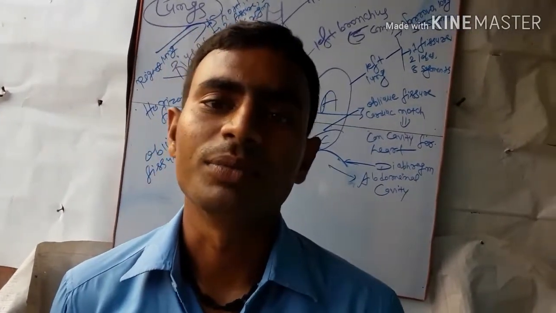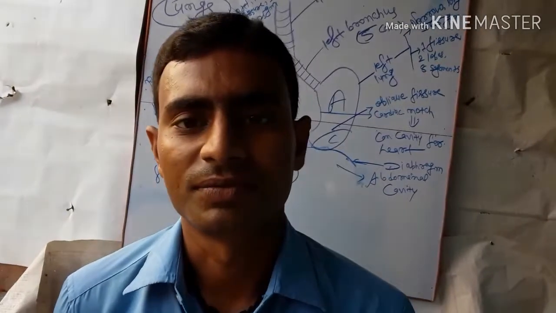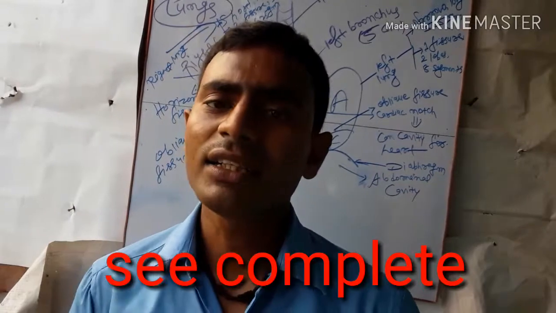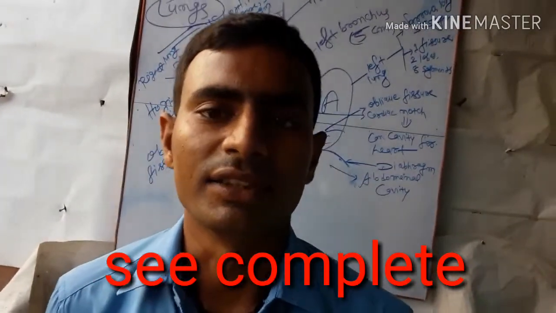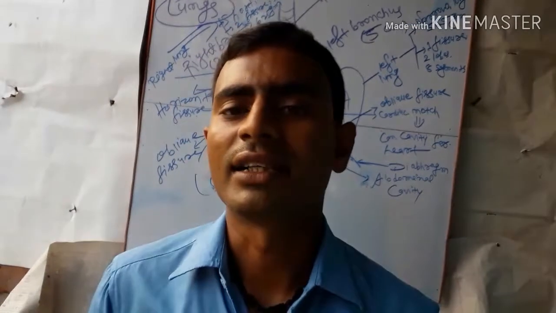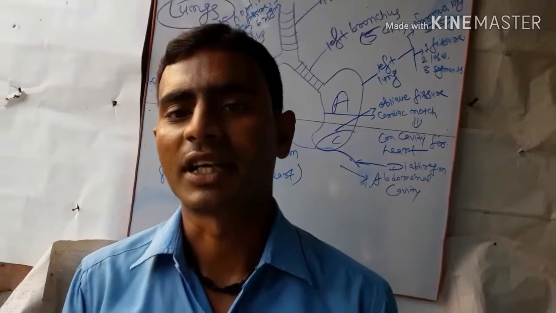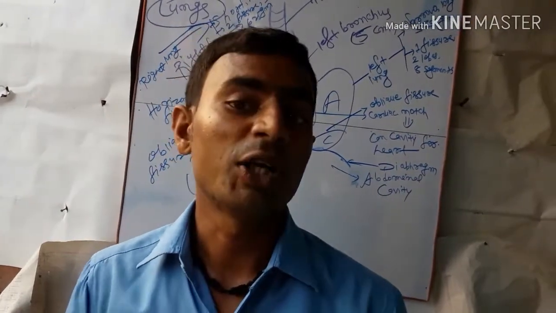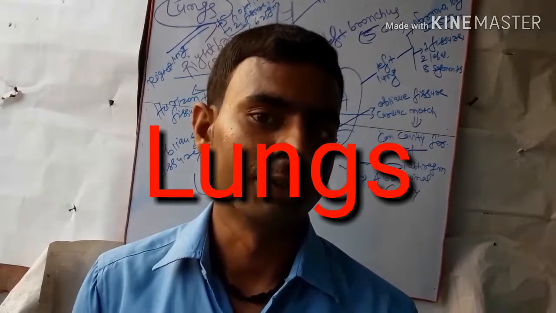The average number of cartilaginous rings is 16. The rings are hyaline cartilage, and they prevent the trachea from collapsing. But today we will study the lungs.